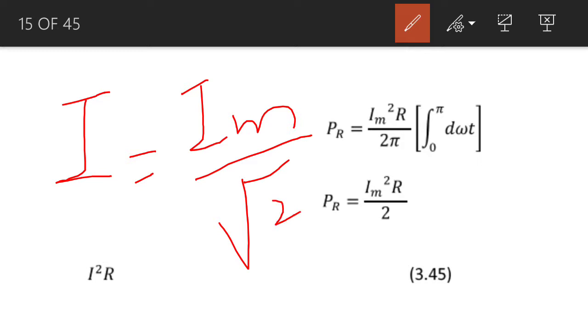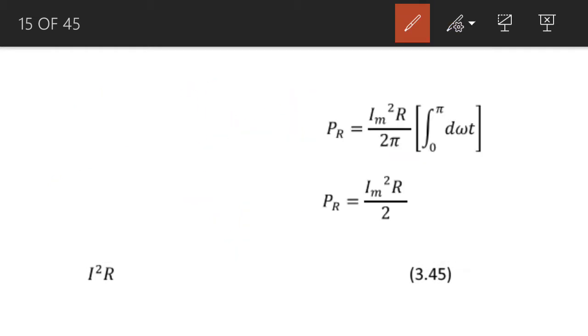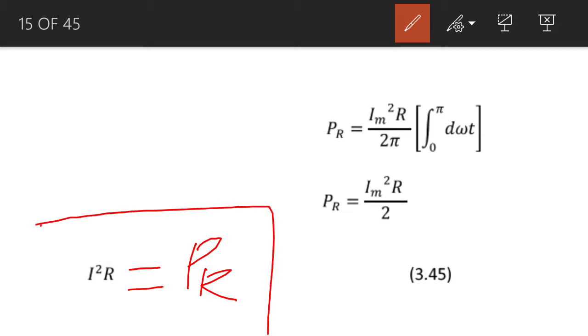So if we replace Im square by 2 by I square, then the average value of the AC power taken by this resistor from the AC voltage source will be equal to I square R, where I represents the RMS value of this AC current.